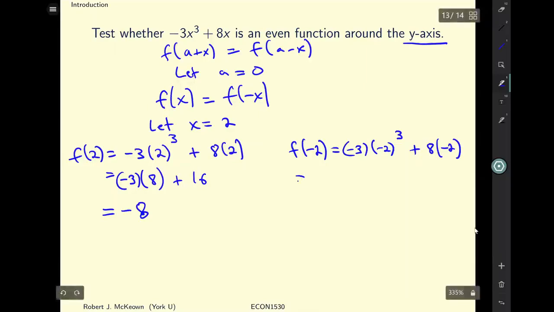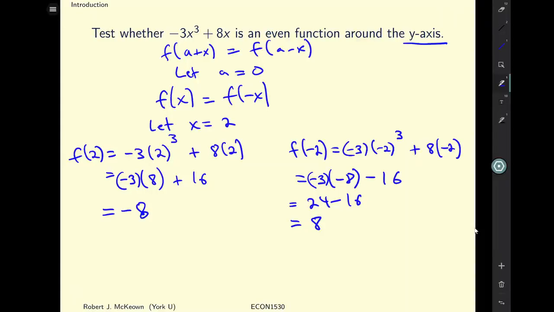And we're going to have negative 3 times negative 8 minus 16. And that's going to give us 24 minus 16 is equal to 8.